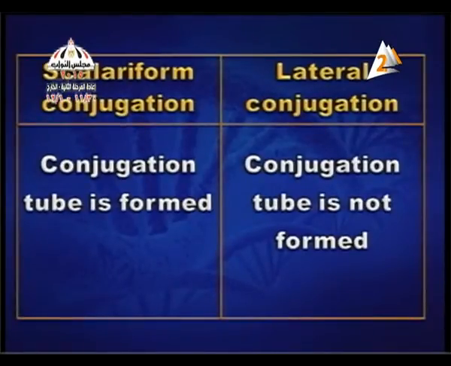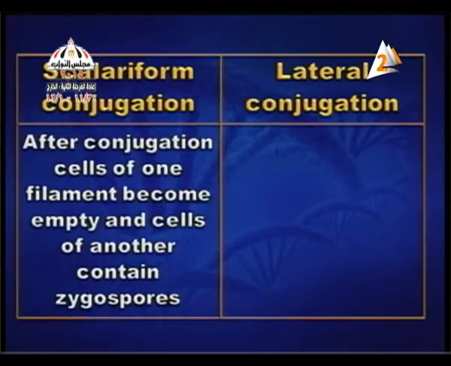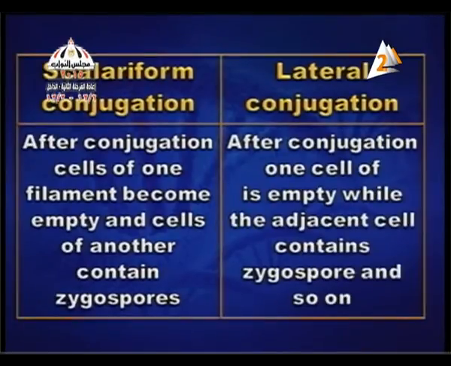And also in scalariform conjugation, after conjugation, cells of one filament become empty completely and cells of another filament contain zygospores. But in lateral conjugation, after conjugation, one cell is empty while the adjacent cell contains a zygospore, by alternation and so on.